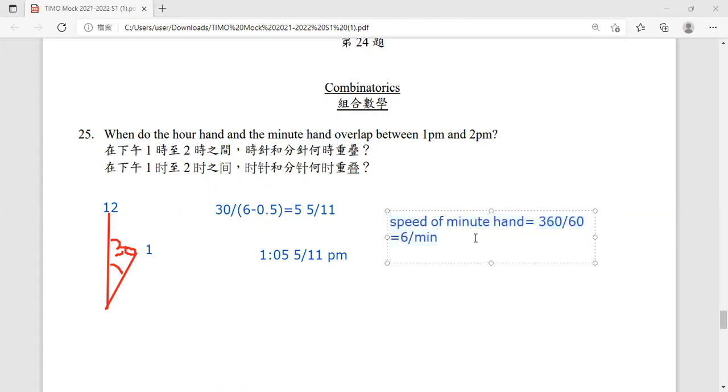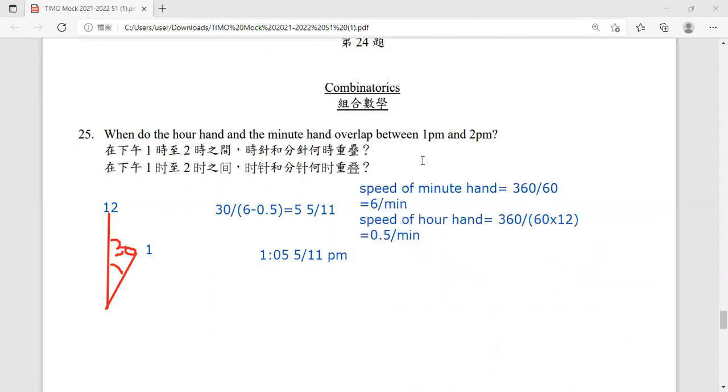If you have some difficulties, I will give you the data here. Any questions? Oh, question 24, you just sum up the cubes.